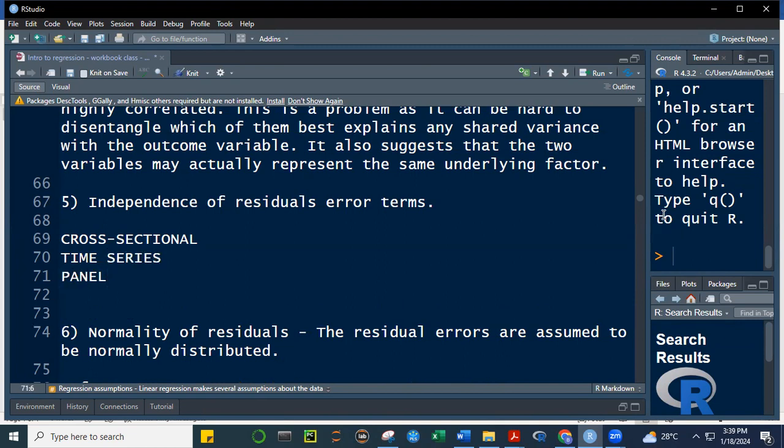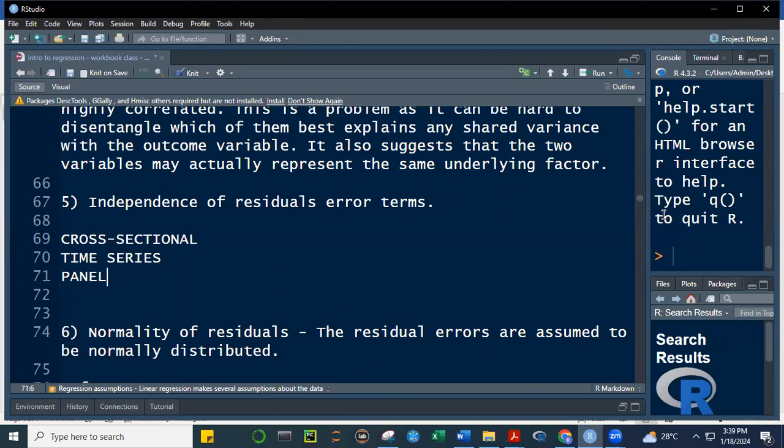Okay, question. Where here will most likely have problems as far as independence of residuals? Sa cross-sectional data ba, time series at saka panel?